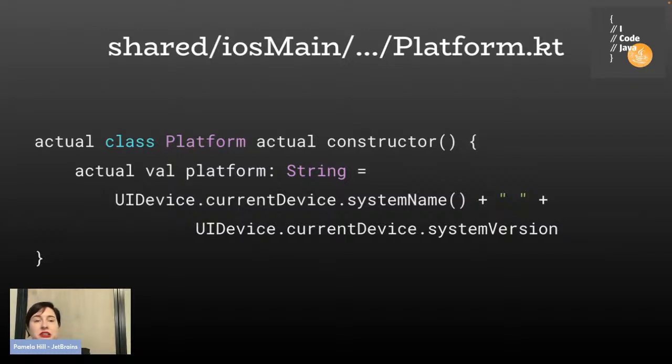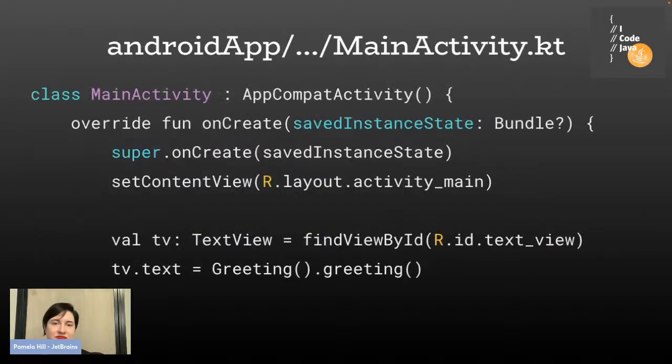And if I run this on my iPhone 11 emulator, it will say iOS 15.5. So the system name is iOS, and the system version is 15.5. And notice also here that we have quite a lot of actual keywords that we're using to indicate that this is the actual iOS-specific implementation.